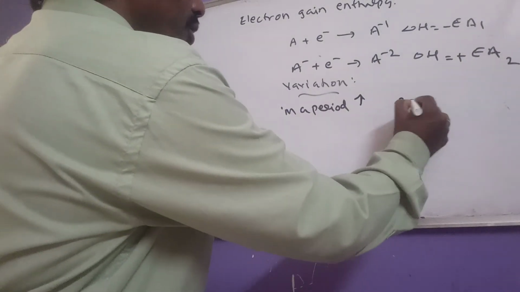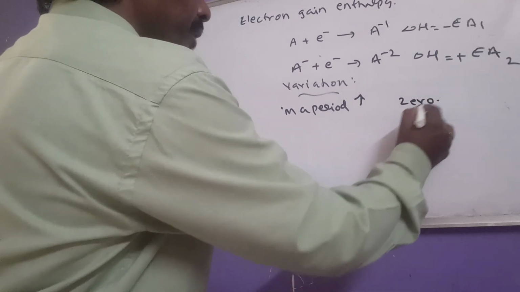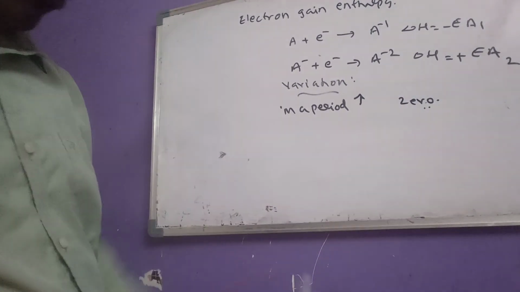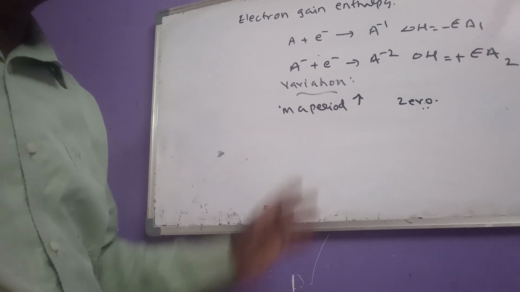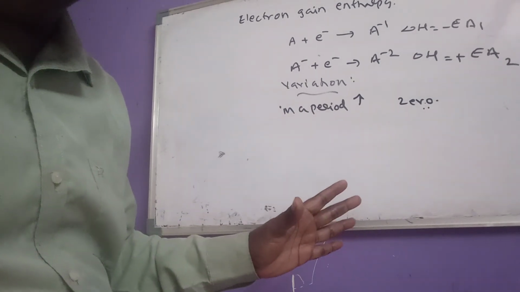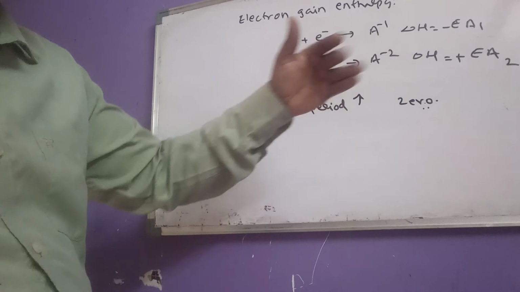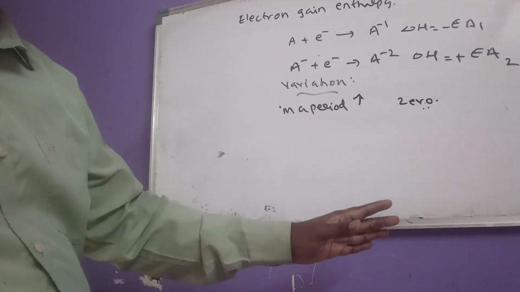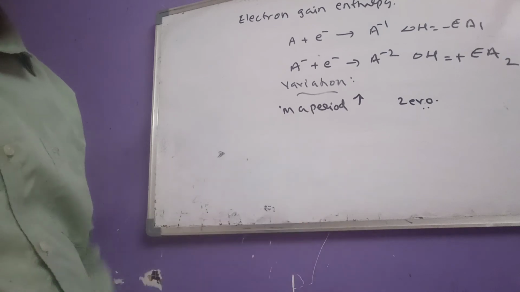And zero group elements have zero electron affinity value. That's why they are named the zero group: they already have an octet configuration and no need to gain an electron.